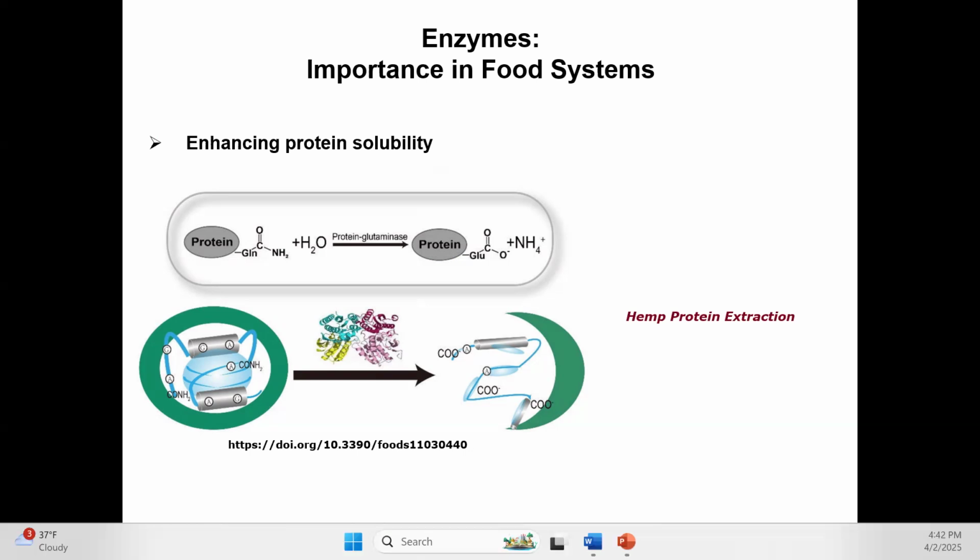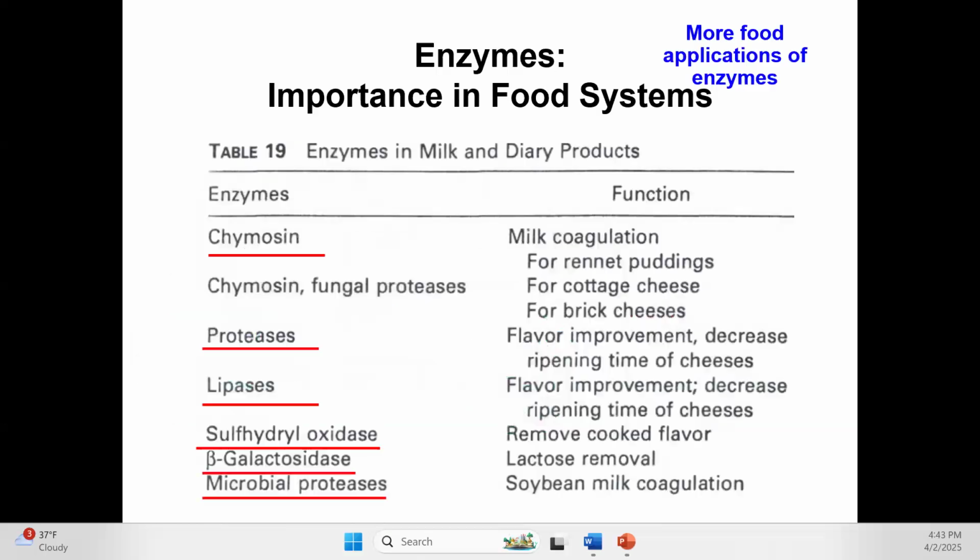It breaks down this bond and removes an ammonia, and the water goes to both products. Then instead of a carboxyamide, you have a carboxyl group that is ionizable. At pH 7, it will be negatively charged. Then you enhance the solubility of the protein.